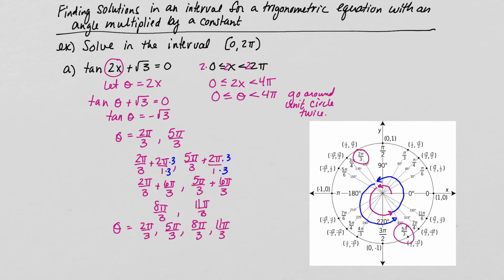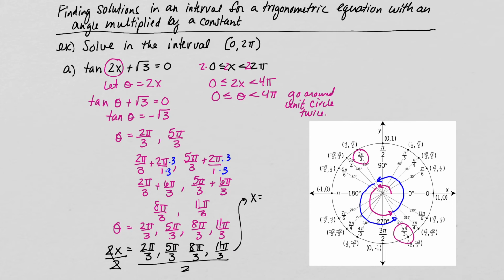But remember, I'm looking for x, and so we know that 2x, which is the same as theta, is going to be 2 pi over 3, 5 pi over 3, 8 pi over 3, and 11 pi over 3. And so what I want to do is divide all of these by 2 to get my final answer.